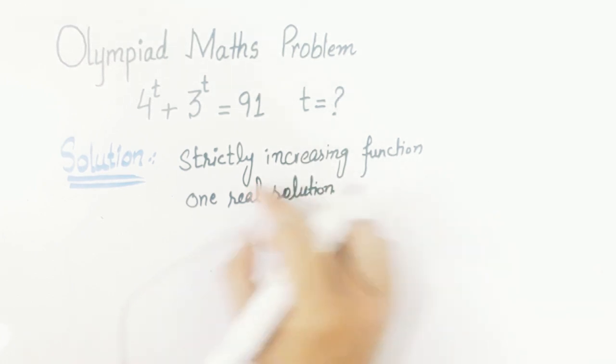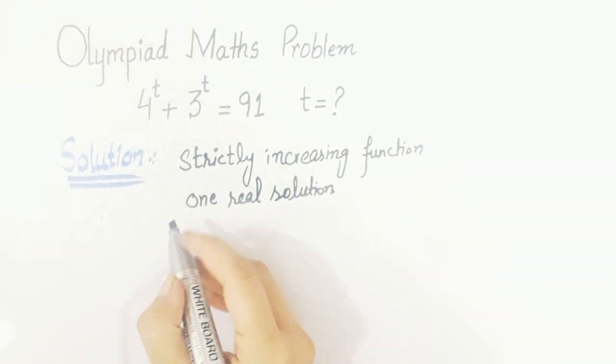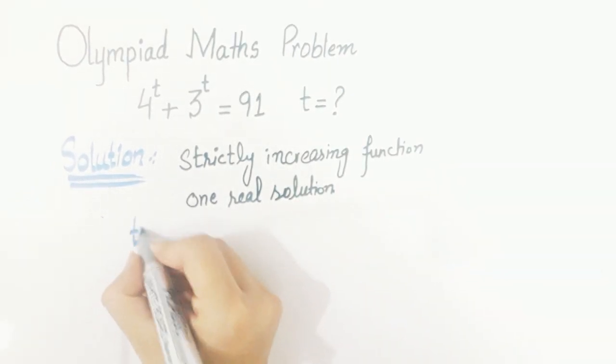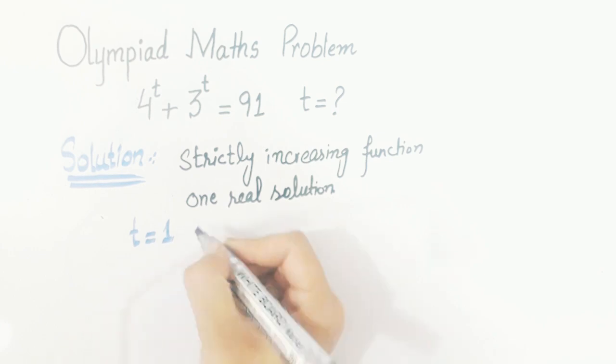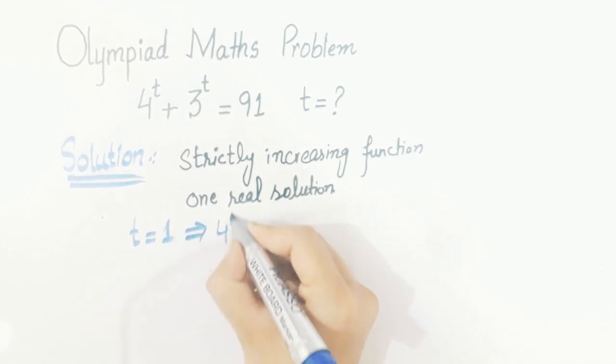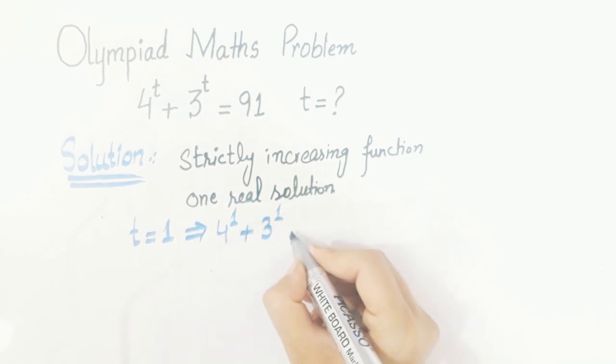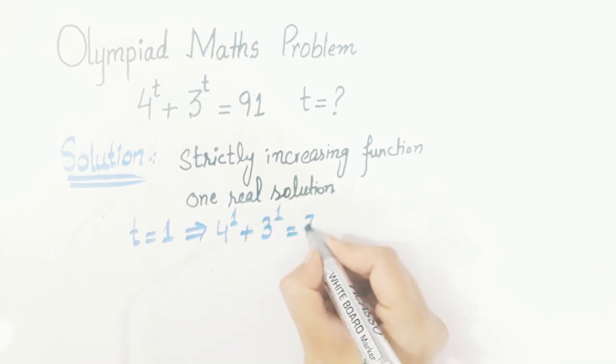So let's test some integers. First of all, test for t equals 1. We get 4 raised to power 1 plus 3 raised to power 1, so 4 plus 3 will be 7.